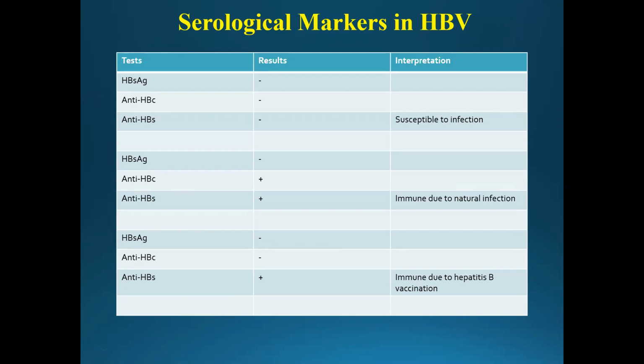And as a result of that, the antibody that will be made is going to be directed against the surface coat or the surface capsid, and it's not going to be directed against any other components in the virus. So the core antibodies will be negative, okay? And that's a person who is immune due to vaccination.